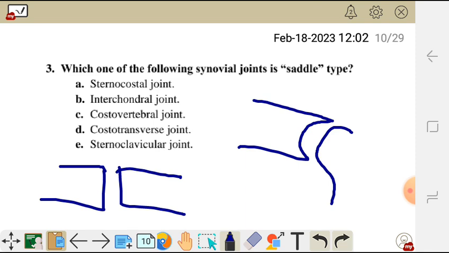That joint is also plane, with two flat surfaces. E, the sternoclavicular joint, is a saddle type synovial joint where the clavicle forms the concave part and the sternum forms the convex part. So the correct answer is E for question 3.